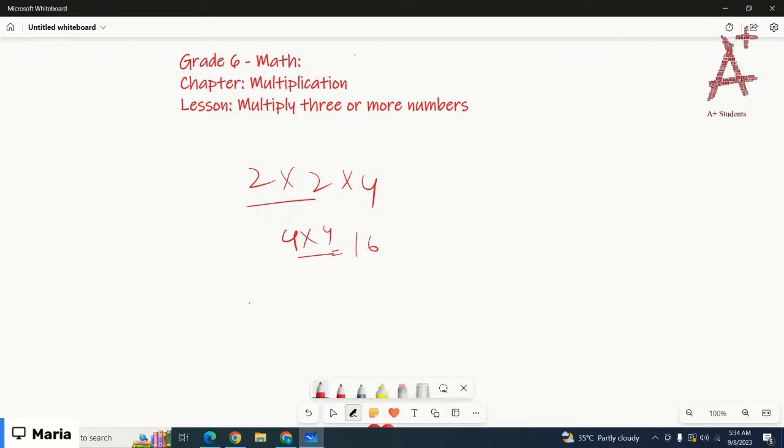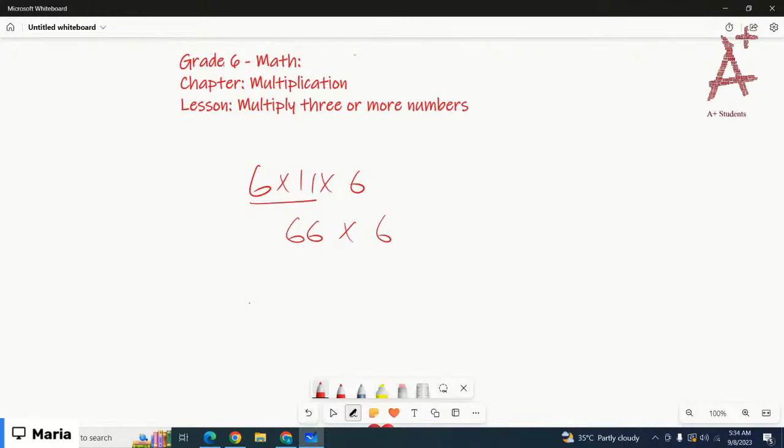Okay, the next example is 6 times 11 times 6. Let's make a group of any two numbers like this. 11 times 6 is 66. And you have to do 66 times 6.